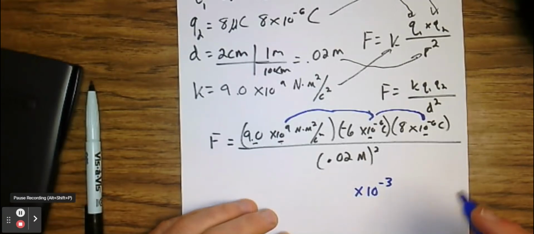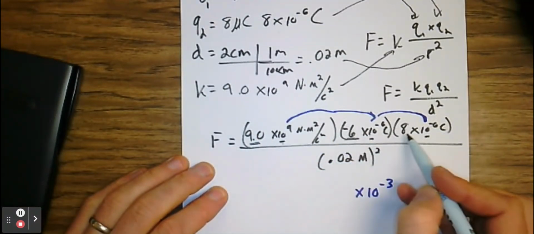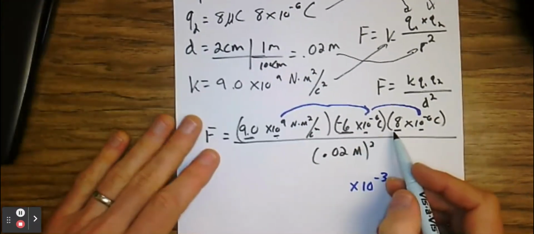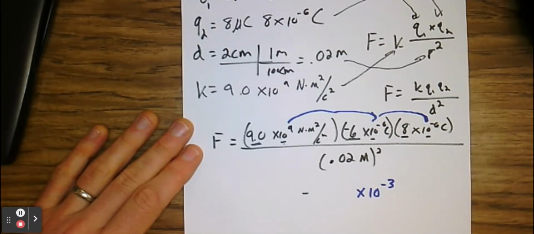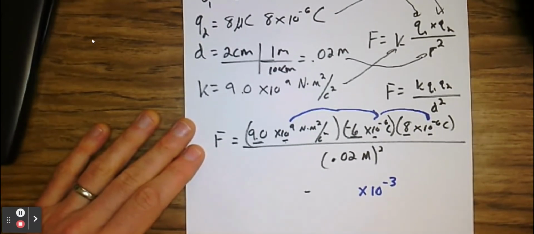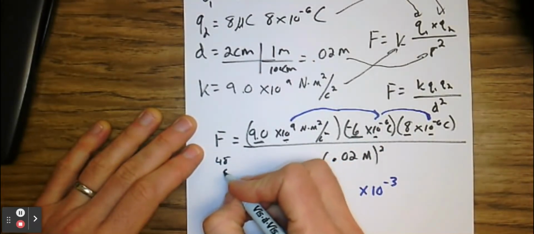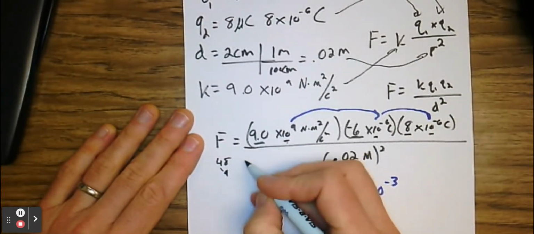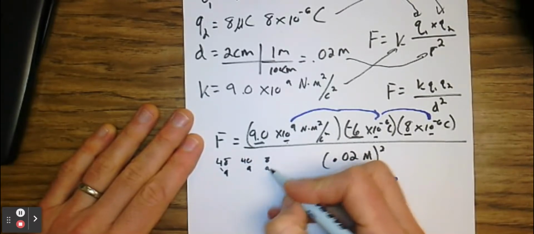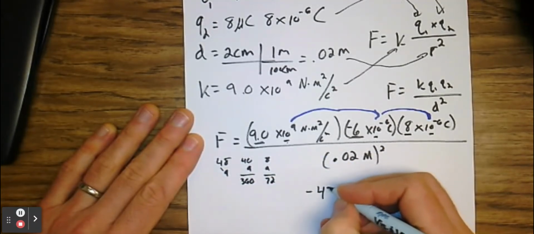Now, the numbers: 9 times 8 times 6, negative 6. So it's going to be negative something. It's going to be negative 432, actually. The reason I know that is 6 times 8 is 48, and then I multiply that by 9. 40 times 9 is 360, and 8 times 9 is 72, and I add that up, I get negative 432.